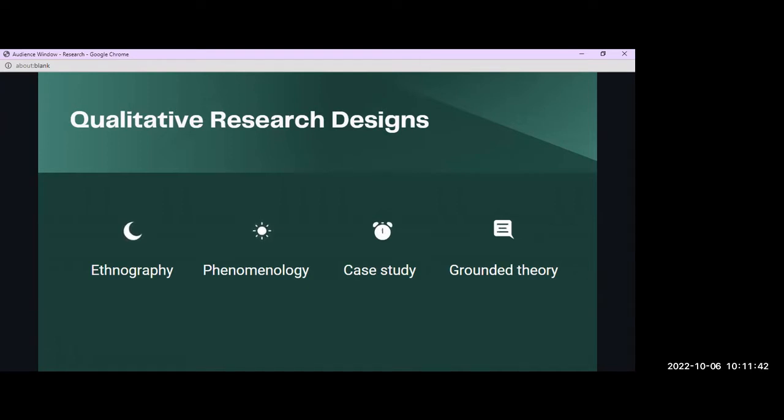So you can actually determine their struggles, the challenges that they have encountered. So during the conduct of the interview, how do they cope with the challenges? What are the lessons learned from the participants during the time that they are conducting the hybrid learning?